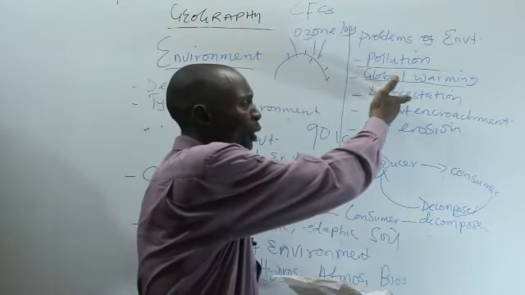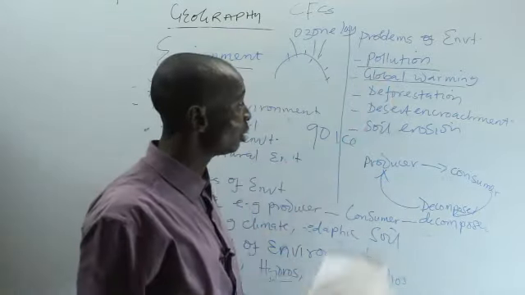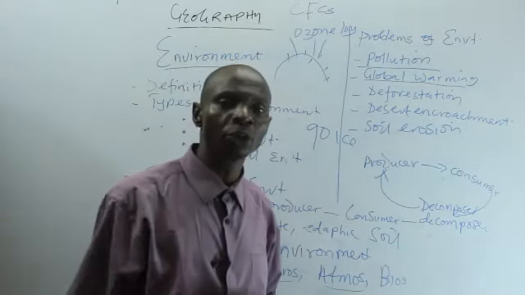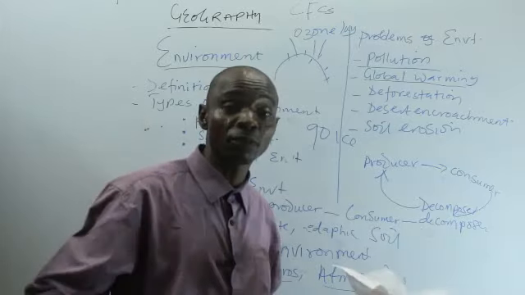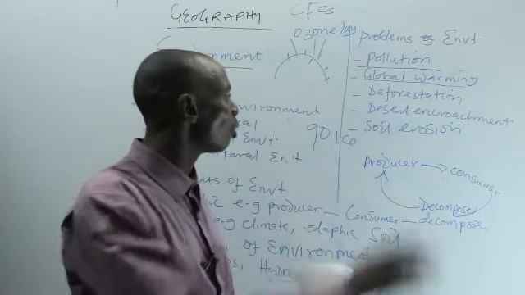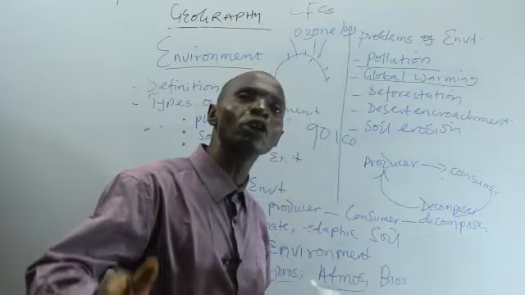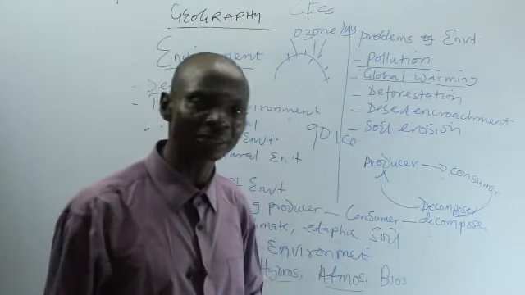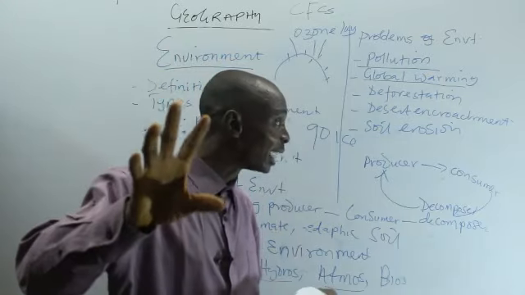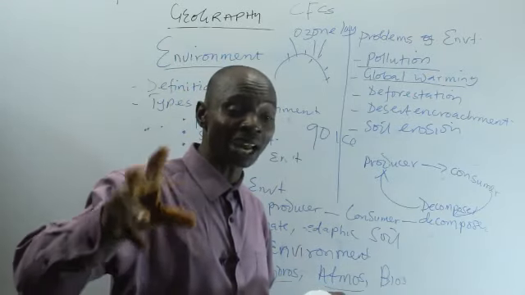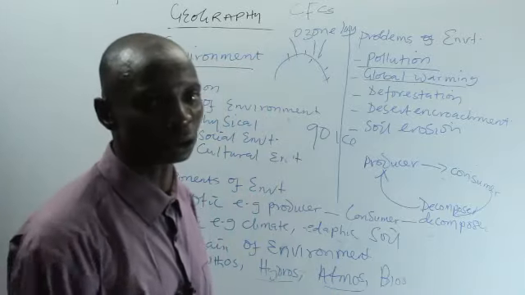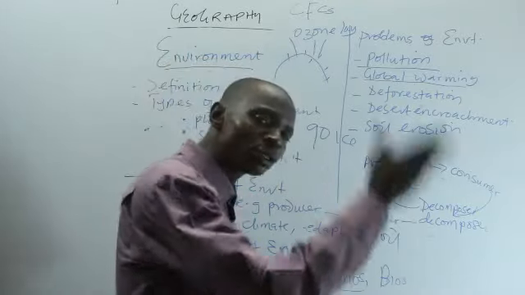Then we have deforestation. Deforestation is illegal cutting down of trees. When you have a tree in your compound, the normal thing to do, even if you want to cut it down legally, for a genuine reason, in an advanced environment, in an orderly environment, you go to the government and take permission that you are going to cut down that tree.